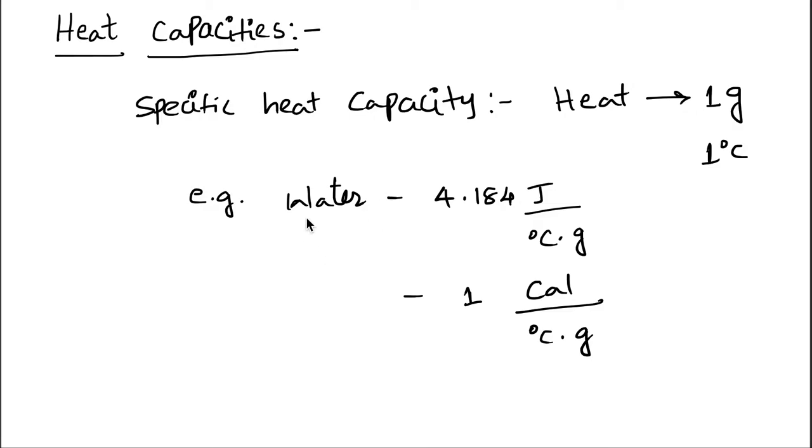For example, water requires 4.184 joules of energy to raise 1 gram of water by 1 degree centigrade, which is exactly equal to 1 calorie. So this is a heat capacity.